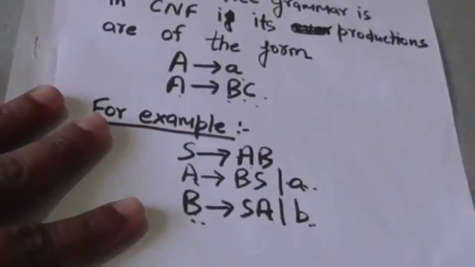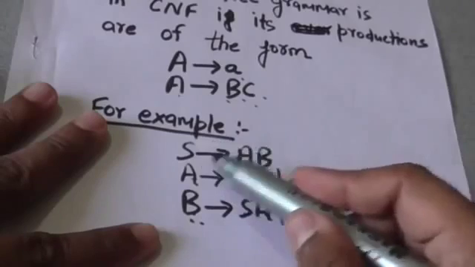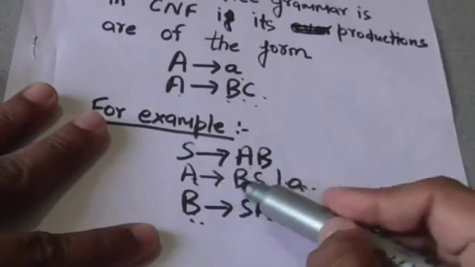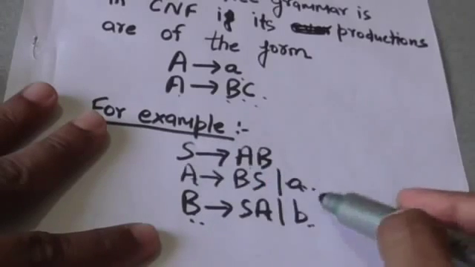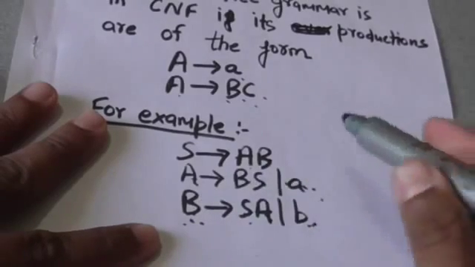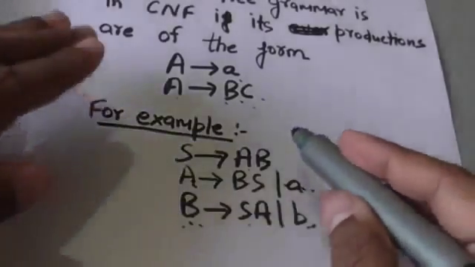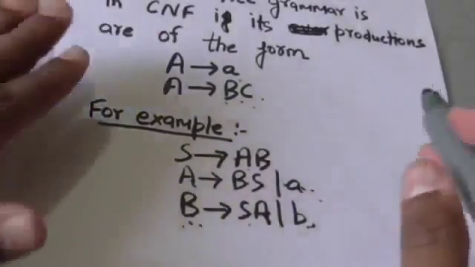For example, there is a grammar whose productions are given here as S derives AB, A derives BS or A derives a, B derives SA and B derives b. Now, these are the productions of some grammar.